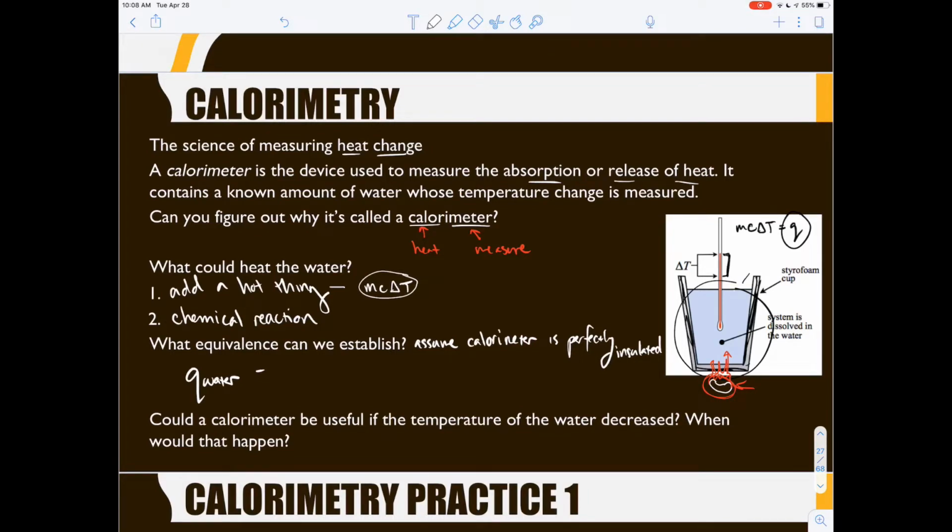Okay, so actually we'll just say heat gained would be the same as the heat lost, except it would have the opposite sign because one was losing and one was gaining heat. So if you had a hot metal in there, you could say the water gained a certain amount of heat, and with a negative sign, the metal lost a certain amount of heat.